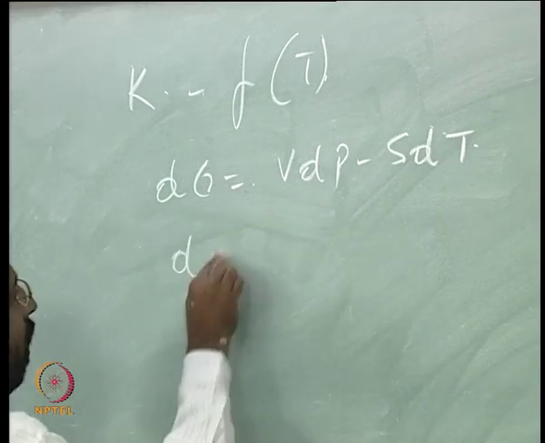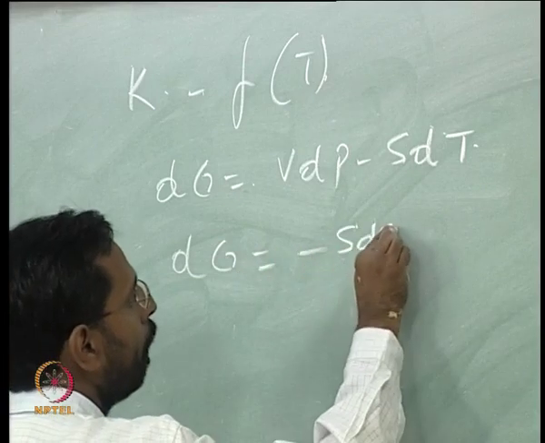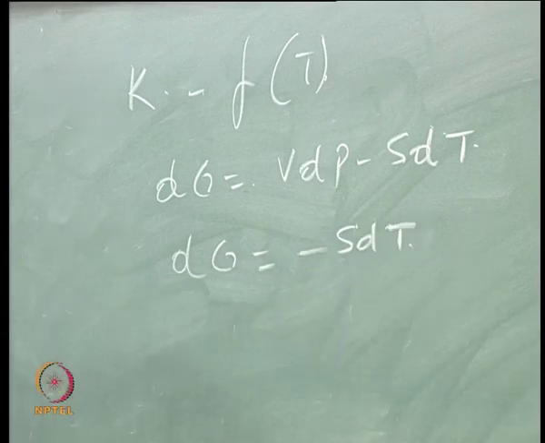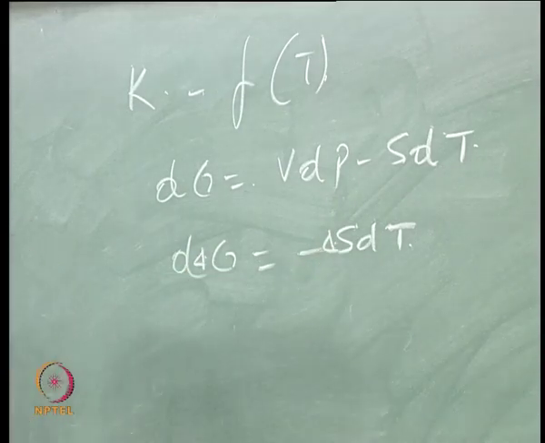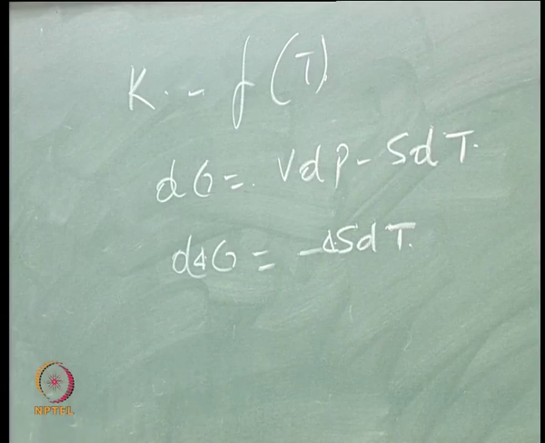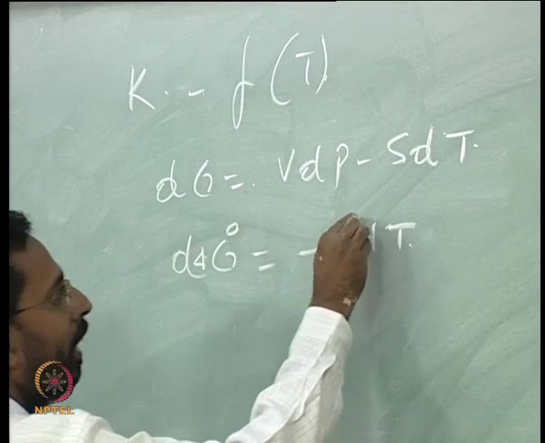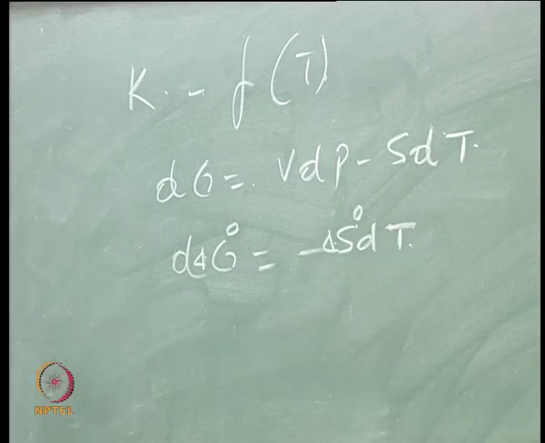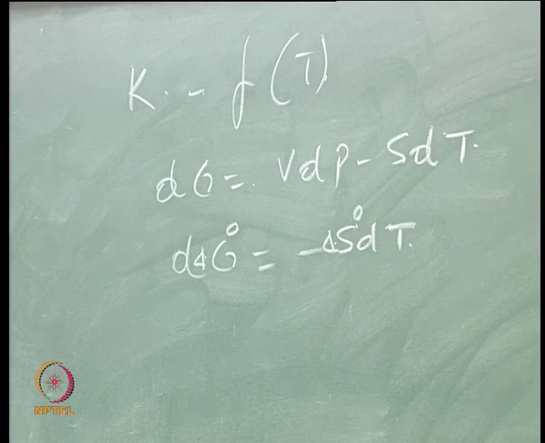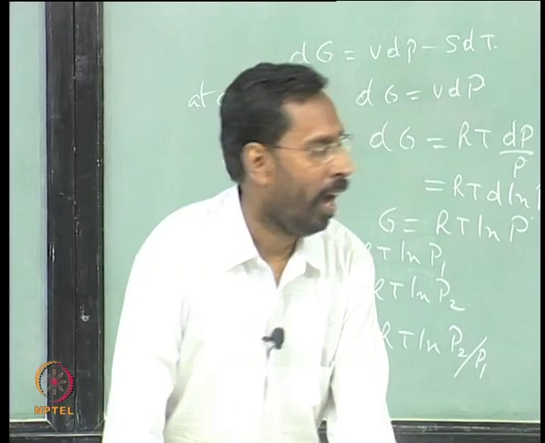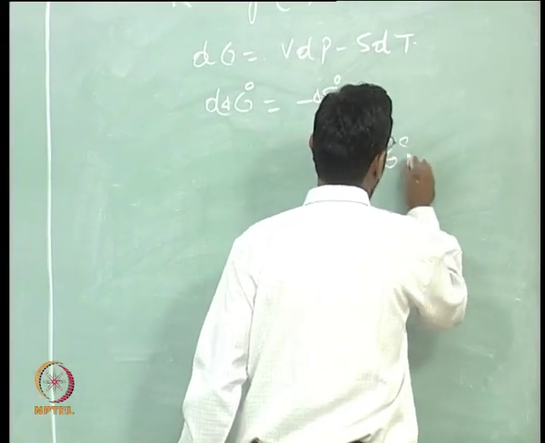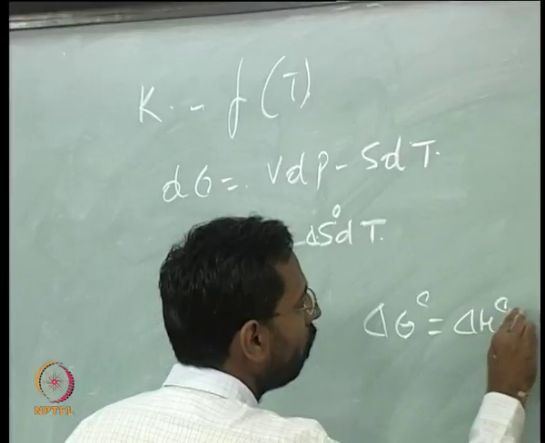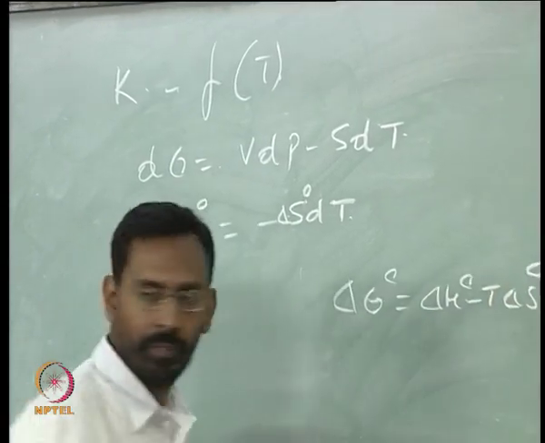So, I can write dG is equal to minus S dT, and I can write d of delta G is equal to minus delta S dT, and for a standard thing I can write it as d delta G naught is equal to minus delta S naught into dT, and we can always write the delta G naught as delta H naught minus T into delta S naught. Am I right?